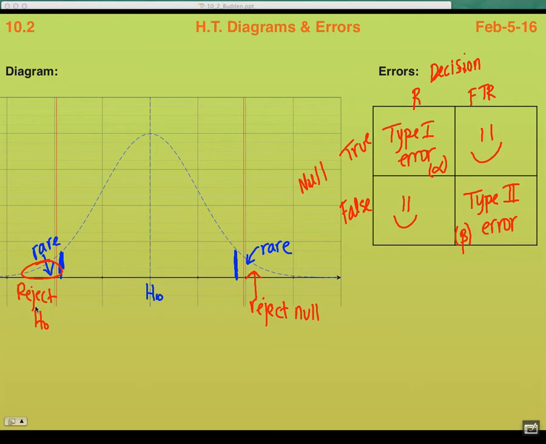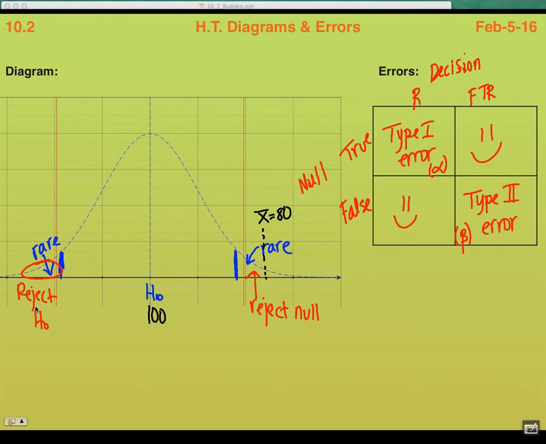Okay, so what I want with this figure is to figure out where a type 1 and a type 2 error occur. If I get an X bar that's here, let's say our mean is 100 and I got an X bar that was 80. If we assume a mean of 100 and we get a mean of 80, what should the decision be?